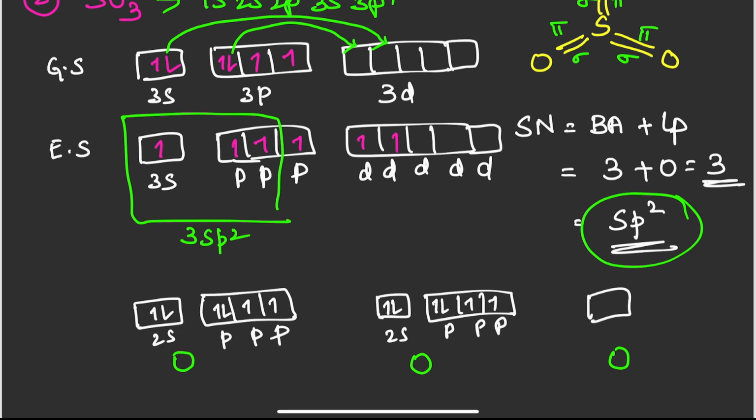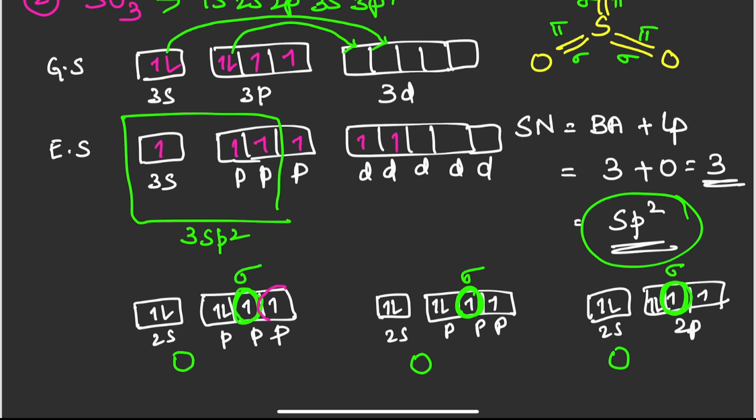Same way for the third oxygen: this is 2s and this is 2p, 1, 2, 3, 4. Now what happens is this electron is involved in the formation of a sigma bond. This electron is involved in the formation of a sigma bond, and this electron in the oxygen is involved in the formation of a sigma bond.